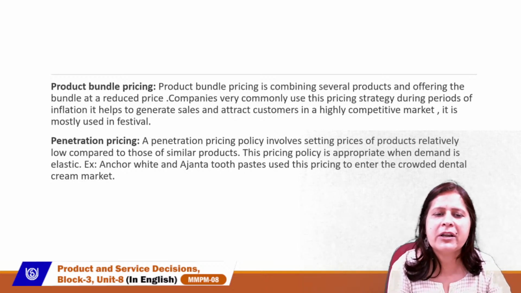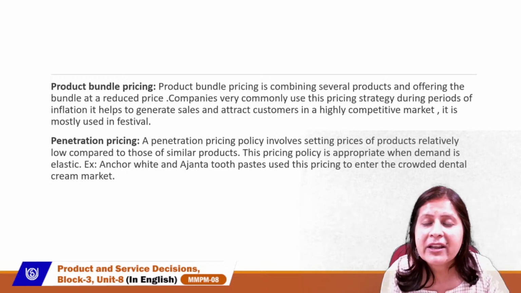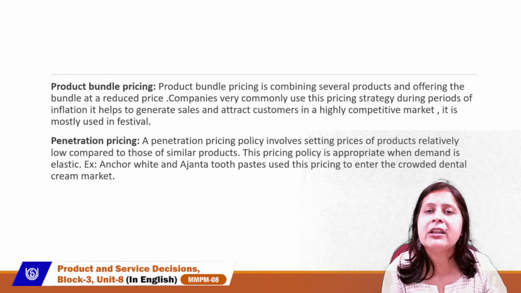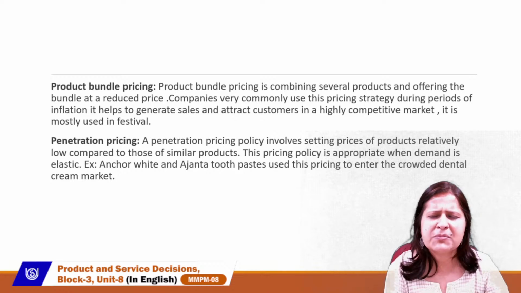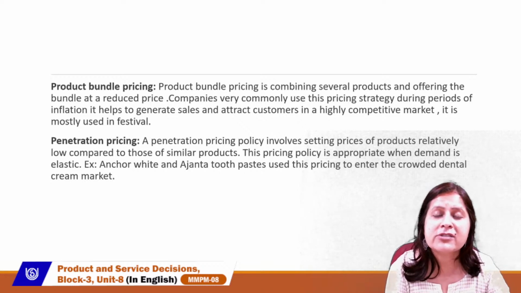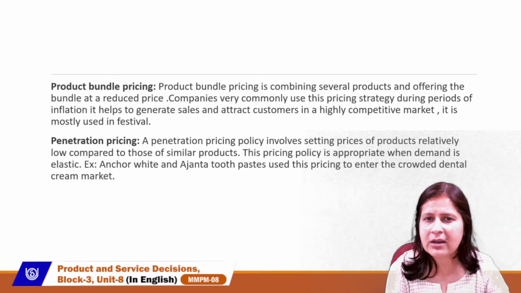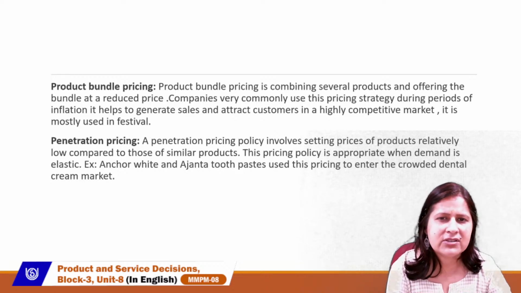That is the product bundle pricing. It is combining several products and offering the bundle at the reduced price, right. It specifically helps during inflation, helps to generate sales and attract customers, and is basically used during the festive season.